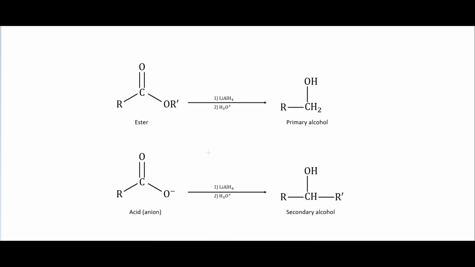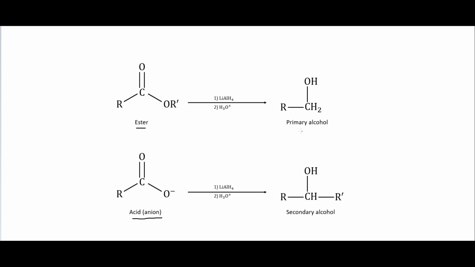And if we do this on something that looks like this, where we have both a ketone and an ester, the sodium borohydride, remember, will not reduce the ester, so we will just end up getting an alcohol ester here. If we want to do this with the lithium aluminum hydride, we end up with the same thing on the ketone and the aldehyde, but now we can do this on the ester and on the acid anion here.